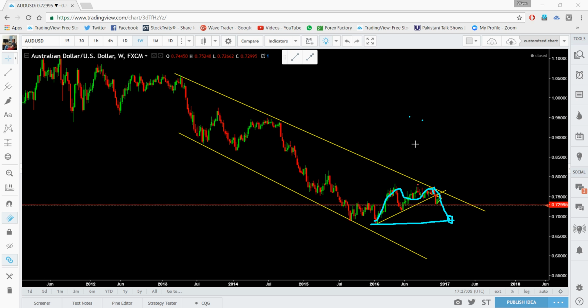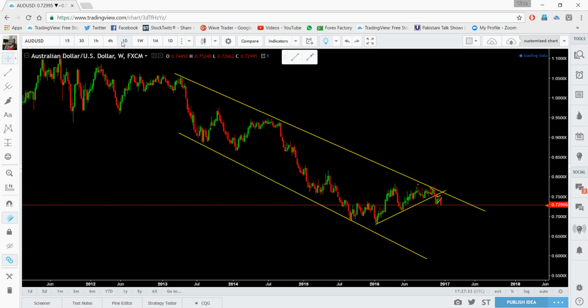Remember, your dollar index has broken the trend continuation pattern, and we are looking for this wave on the dollar index. If the dollar index pushes to the upside, then definitely this is going to push to the downside, at least going to hit the previous low.